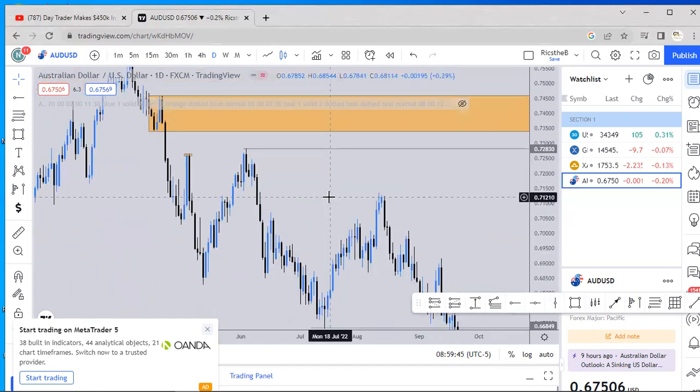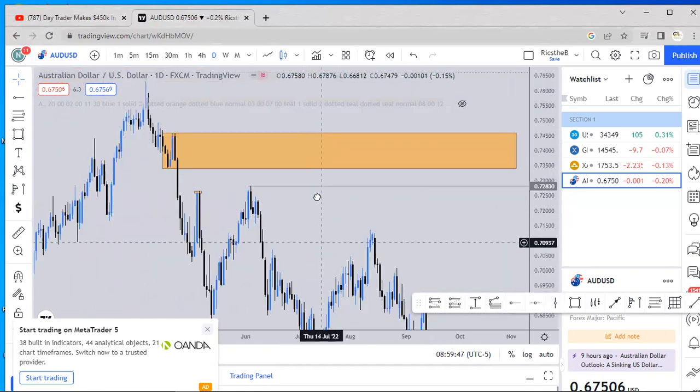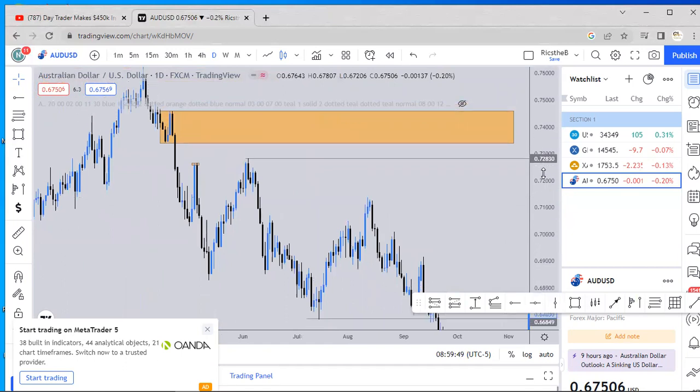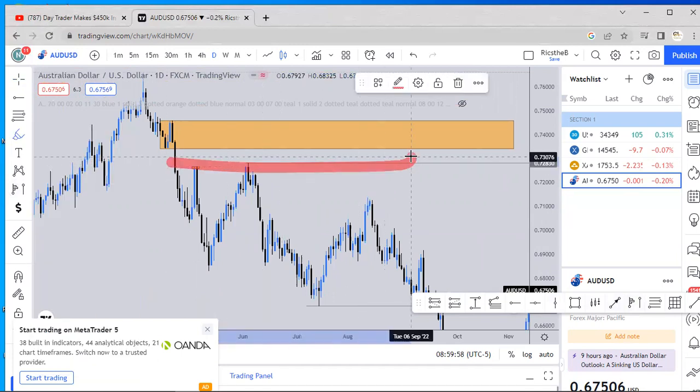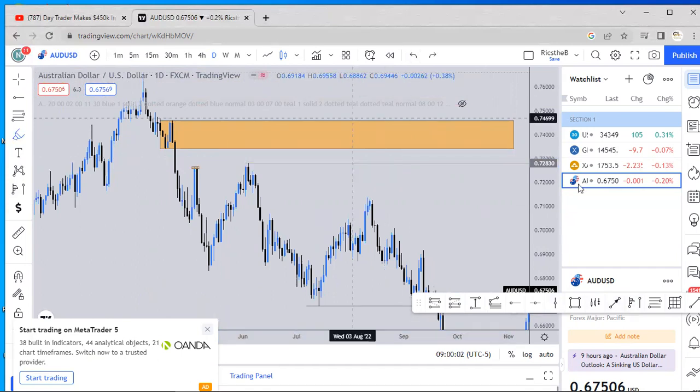Okay, I was speaking on external range liquidity. So outside this range that I was using right here, we still have this vacuum, this right here. This is still a vacuum. Why? Because from this level to this level, this is a vacuum.